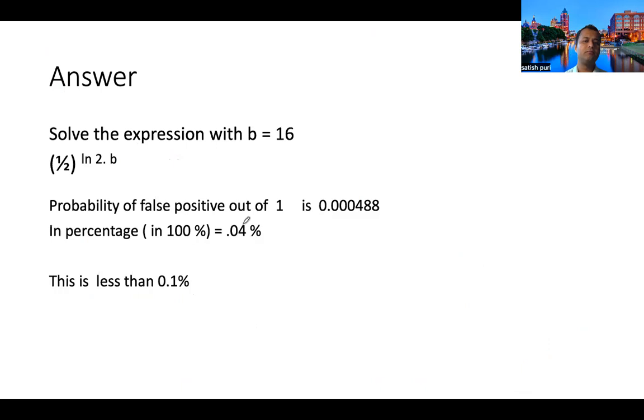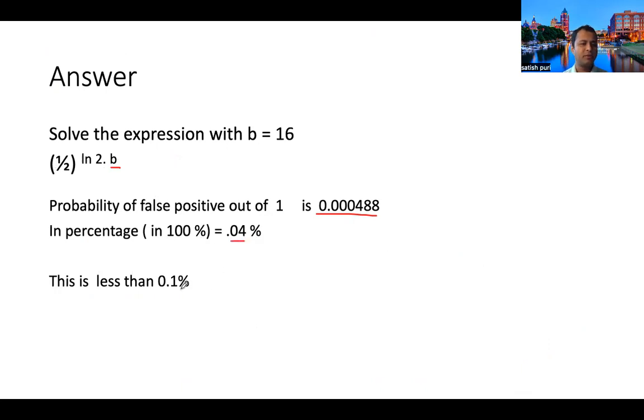All right, so half to the power ln 2 times 16. If you use your calculator, you'll get a very small number. If you multiply it by 100, you get the percentage, 0.04%.